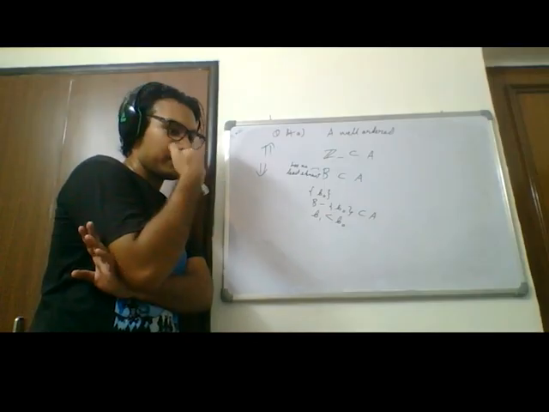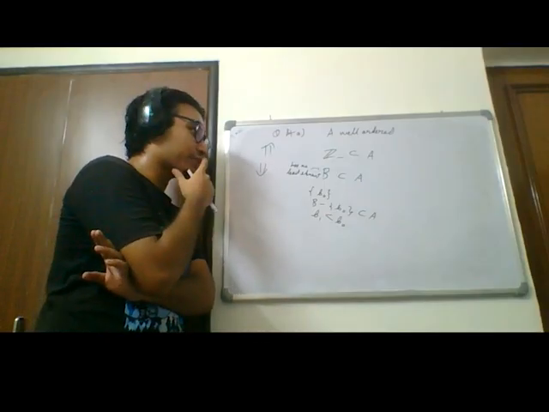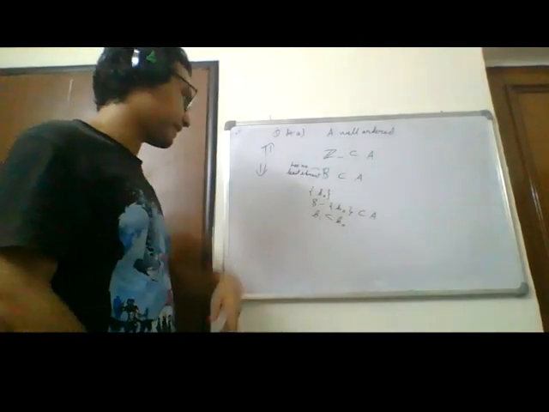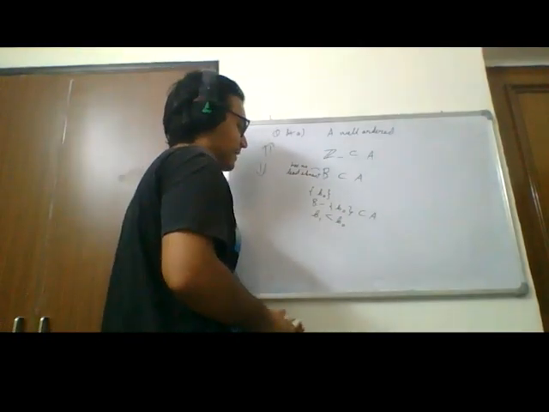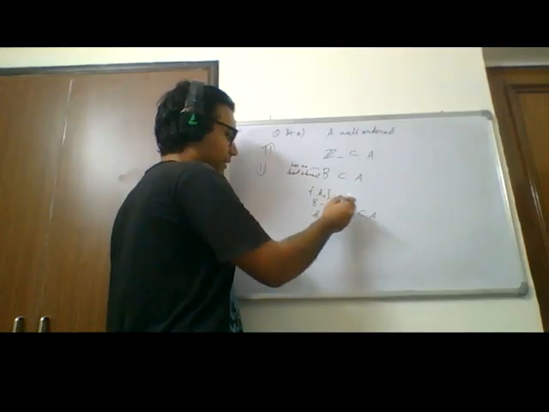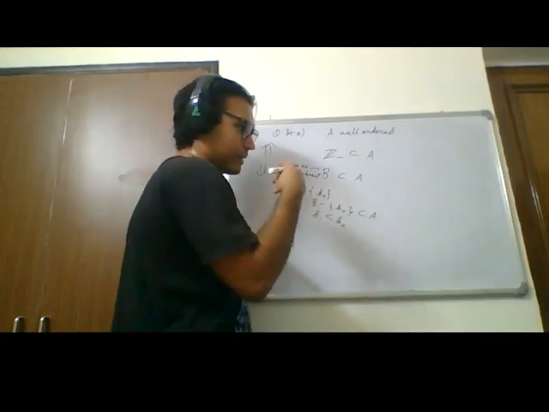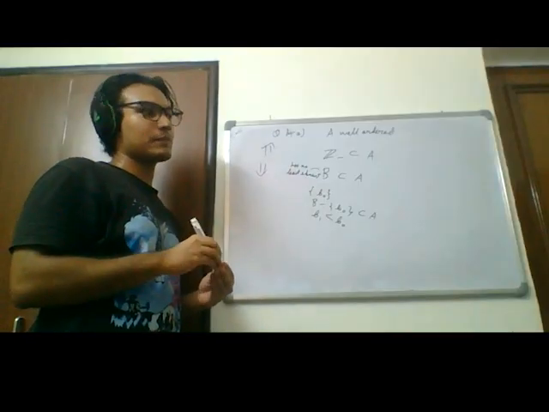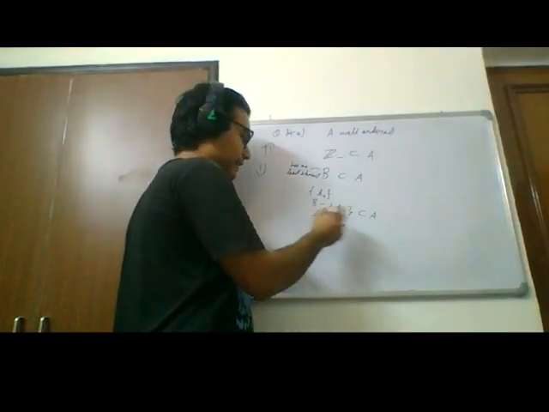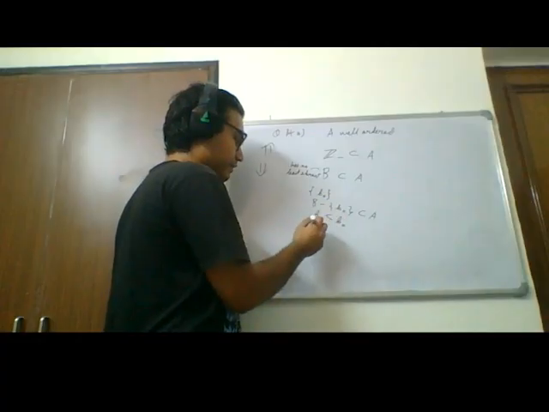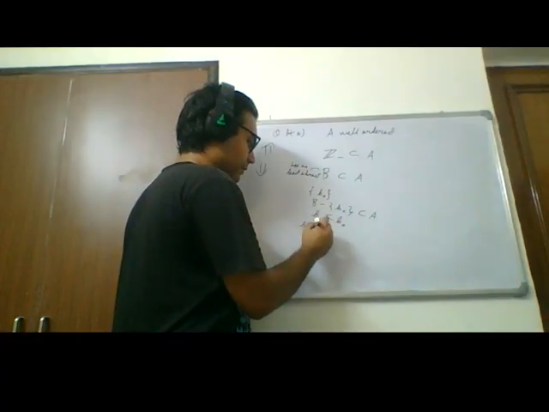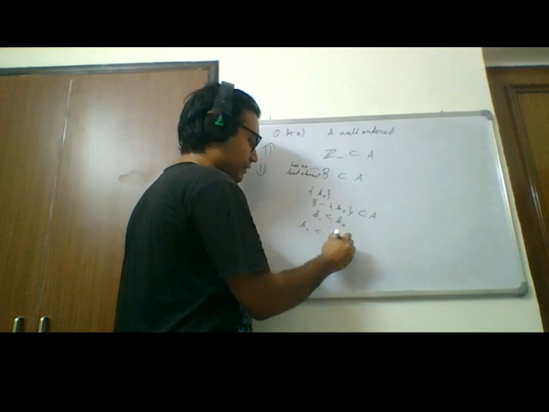I'm not sure if we can do it without choice. We might need choice for this. In either case, I don't care. We're using choice. So we can choose a B1 that's less than B naught because this is non-empty, right? And you can define it basically for all integers, where Bn would be less than Bn minus 1.